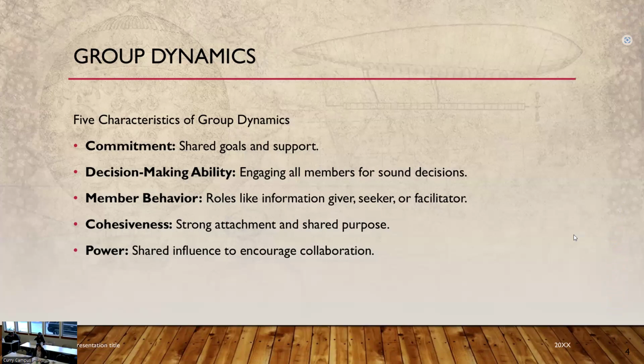So that's the person that's given information, the seeker, the person that's listening, and the facilitator. So whoever's in charge of facilitating a group. Cohesiveness, and we saw that earlier. Strong attachment and shared purpose. Power, shared influence to encourage collaboration.